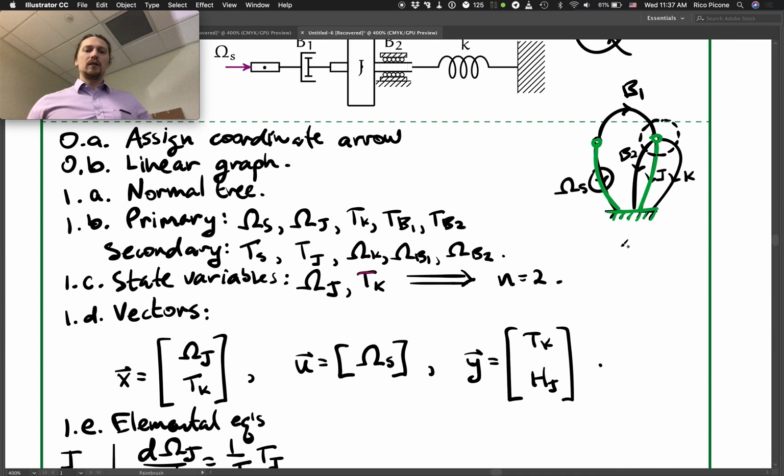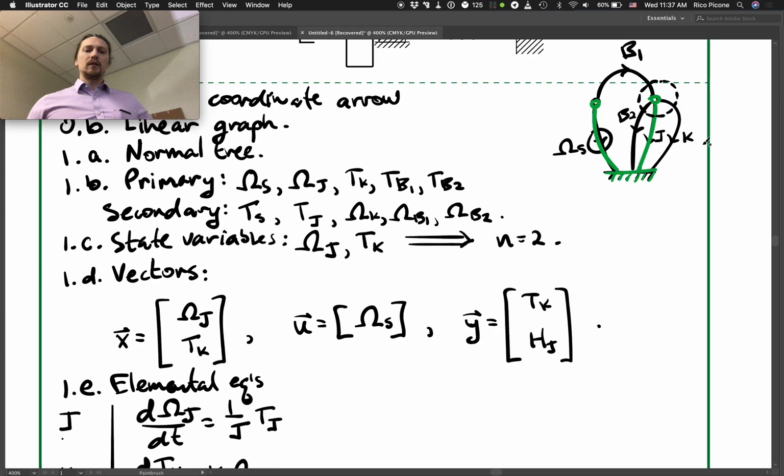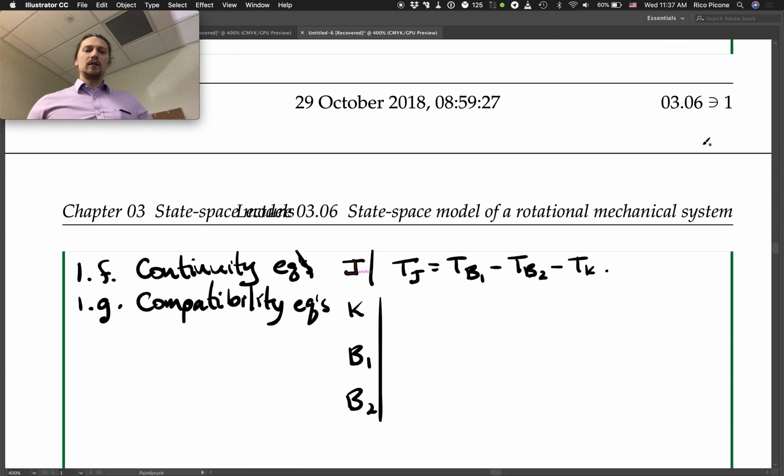So torque and angular velocity are like current and voltage. If you've got two parallel branches, just like two parallel resistors, the voltage would be shared. If you have two parallel elements in a mechanical rotational system, the angular velocities are shared. So we have omega K equals omega J.